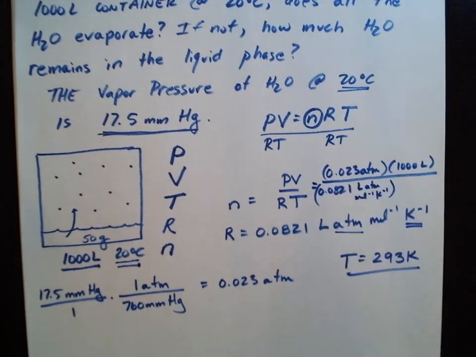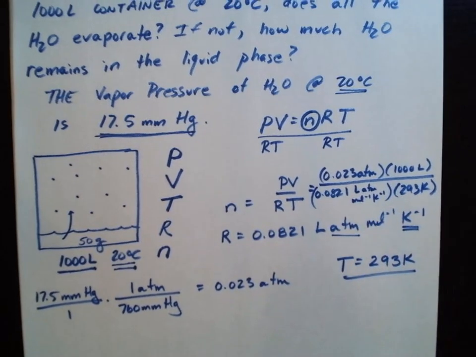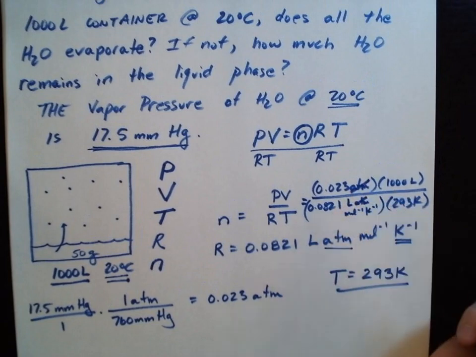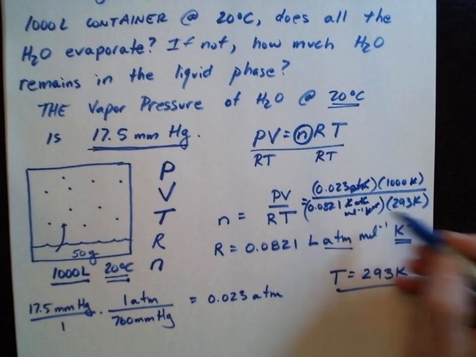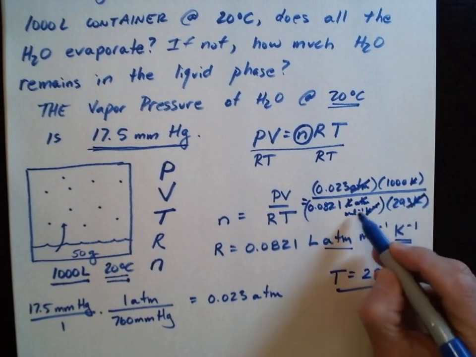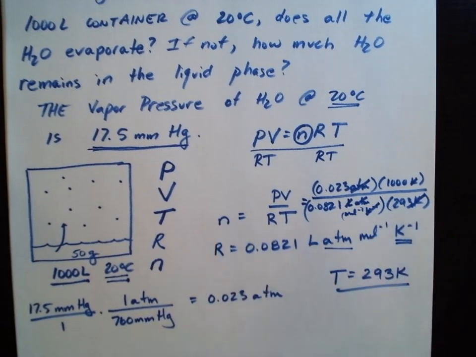I'm sorry, I'm squeezing that in there. And then we're also going to divide by 293 Kelvin. Atmosphere will cancel atmosphere. Liter will cancel liter. Inverse Kelvin in the denominator cancels Kelvin. We have inverse mole in the denominator, which gives a mole, which is what we're looking for.